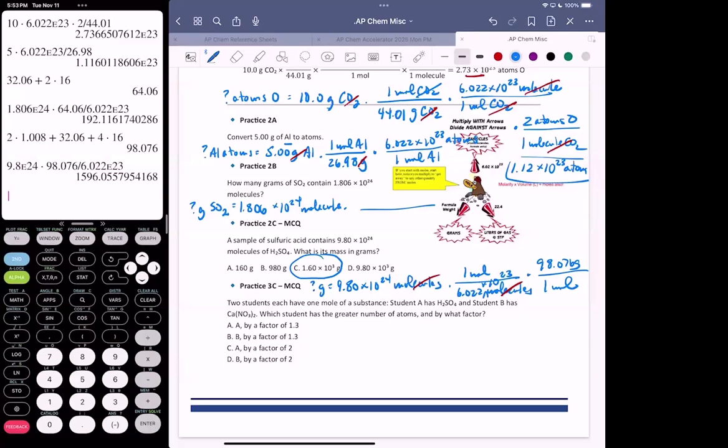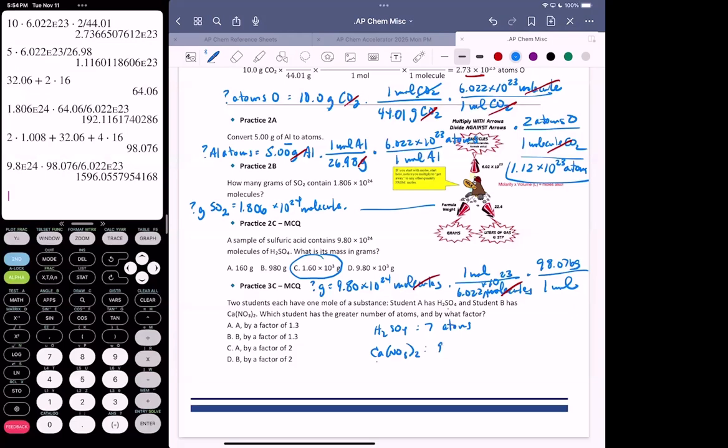So they each have 1 mole, so they each are 6.02 times 10 to the 23rd molecules. But how many atoms do they have? So H2SO4 is 2 hydrogens plus 1 sulfur, that makes 3, plus 4 oxygens. So H2SO4 has 7 atoms, and calcium nitrate, well, nitrate, NO3, is 4 atoms times 2 is 8, plus calcium is 9 atoms.